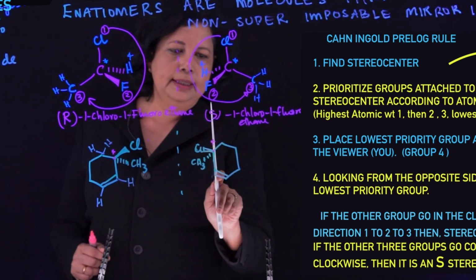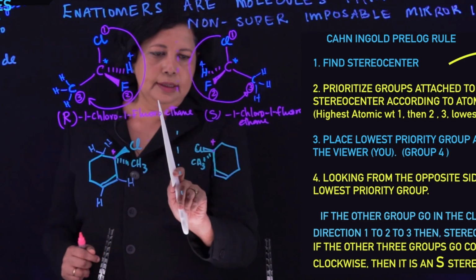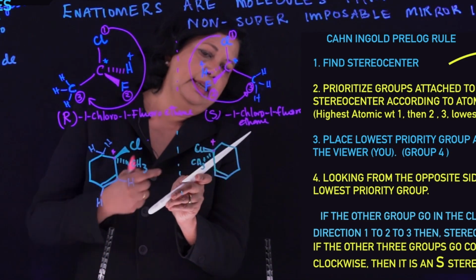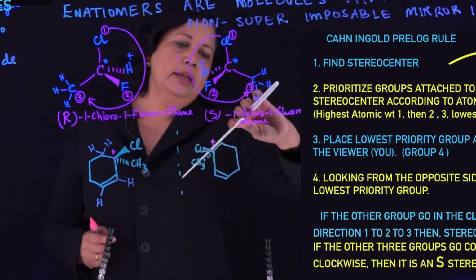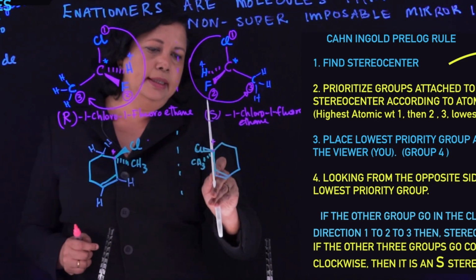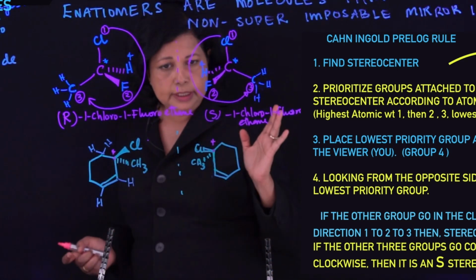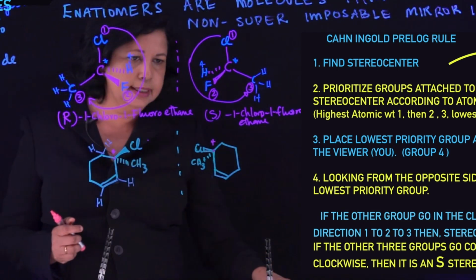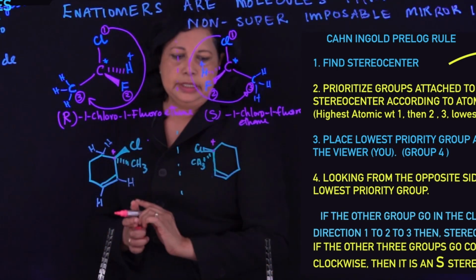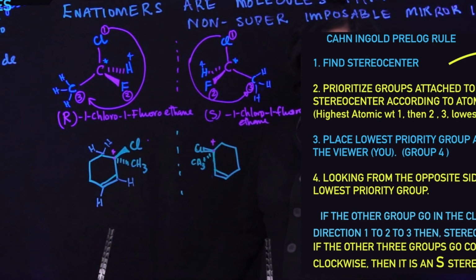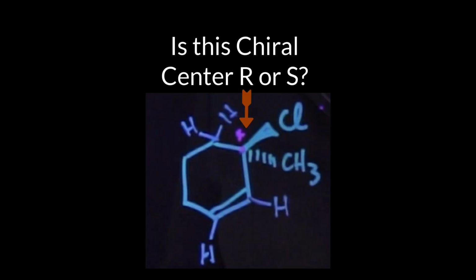If I cut it like this, I have this ring, and then this is different. If I cut it like this, I have a chlorine up and an alkene here. So in every way that I cut this molecule, I'm not going to ever get 2 equal halves. And it's the same here, because it's just a reflection of that. So now that we found our stereocenter, we can go to the next step and assign priority.